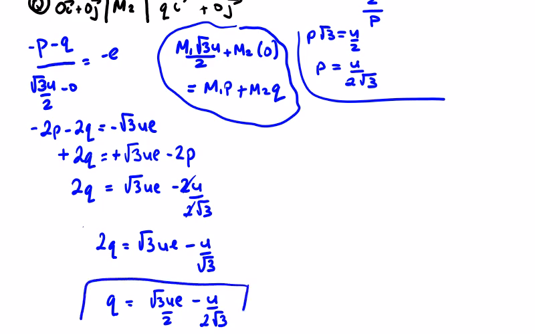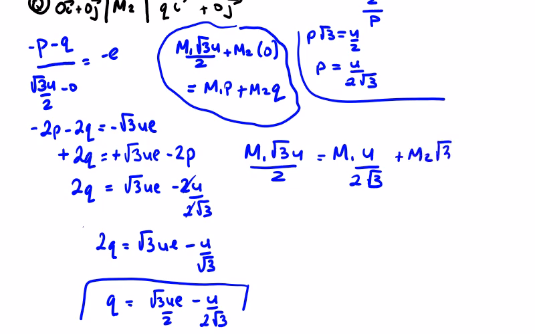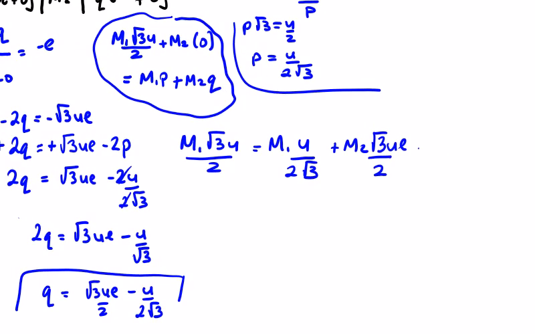So we have m1 times root 3 U over 2 is equal to m1 times P, which is U over 2 root 3, and then plus m2 times Q, which is root 3 Ue over 2 minus m2 times U over 2 root 3.